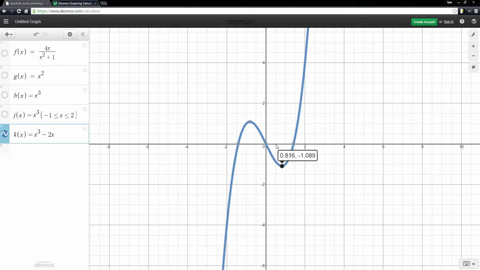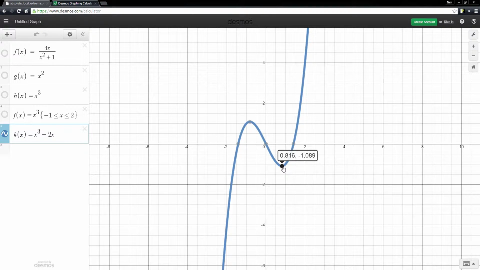But if I only look at the x values in some small area right here, then that is the lowest point. It is a local minimum. So this right here would be a local minimum, -1.089. We'll also say that this point is a local minimum point, or this one is a local maximum point as well.